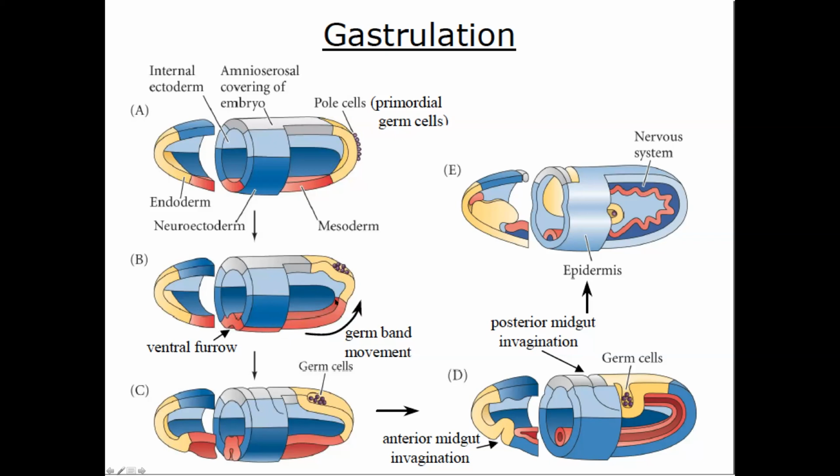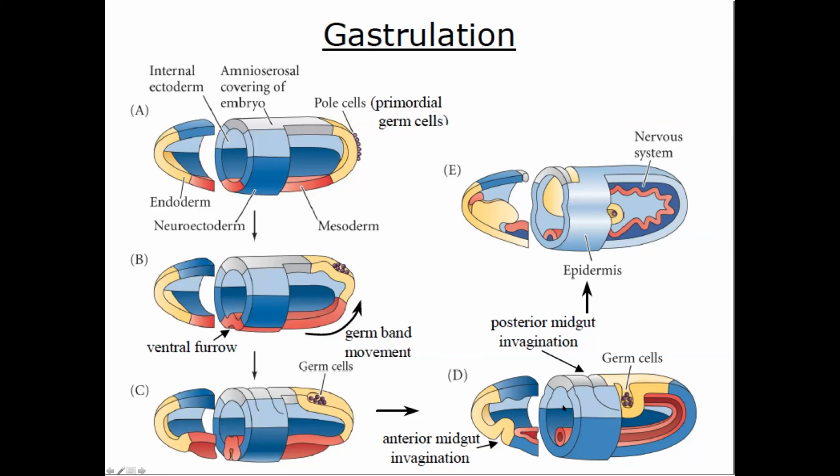So these groups of cells, unlike the others ahead and behind the germ band, which will give rise to the head or the tail, this particular event of the germ band will give rise to the thorax and the abdomen. The germ band extends posteriorly, curves upwards, because it can't go straight.